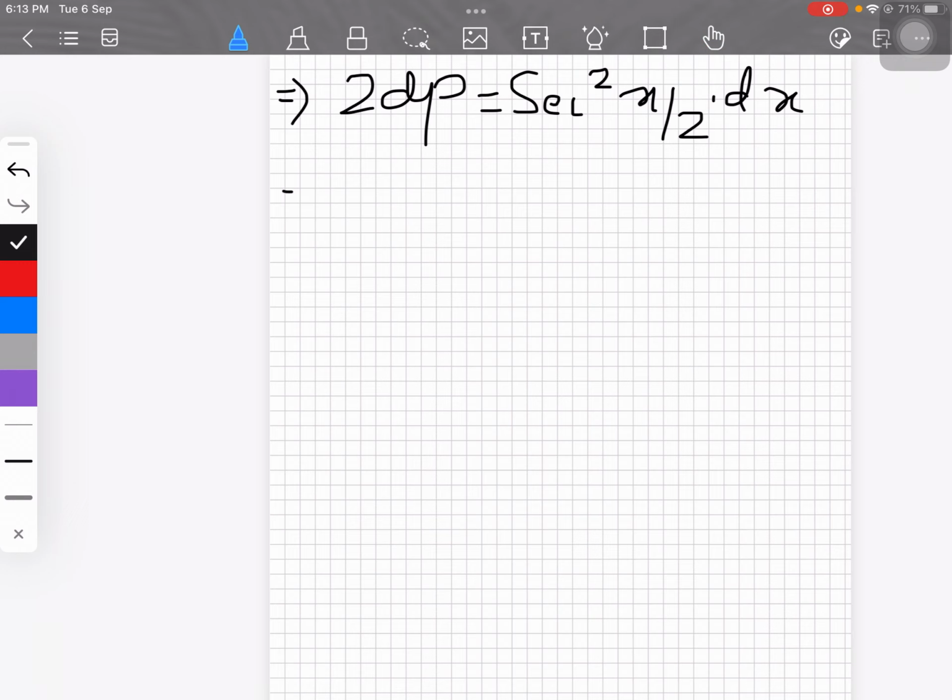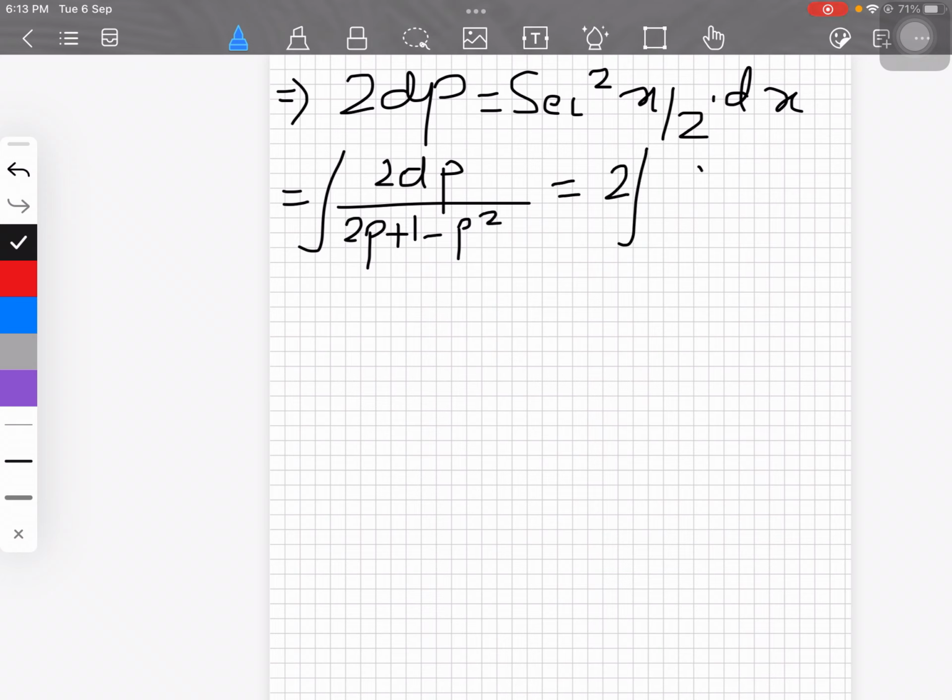So what we get is the integral of 2 dp over 2p plus 1 minus p square. The next step would be to take the 2 outside: 2 dp over minus p square plus 2p plus 1. Now let's reduce this expanded form.